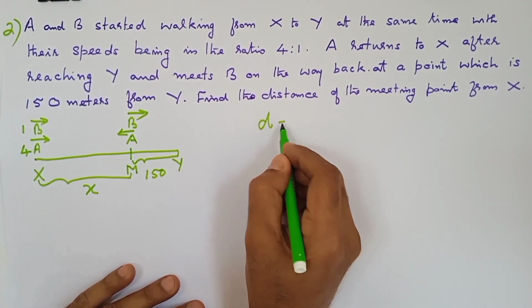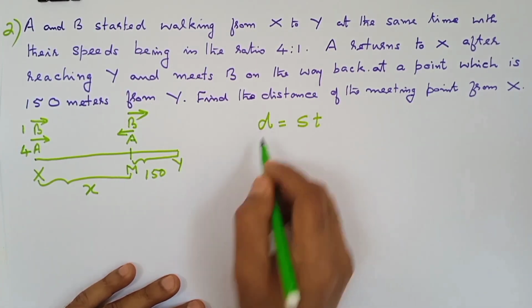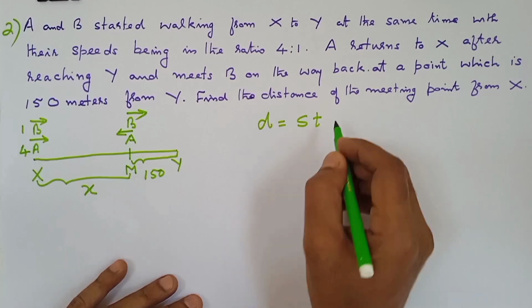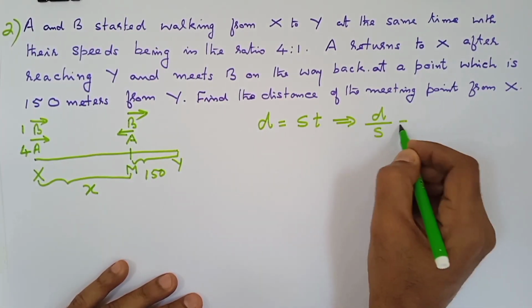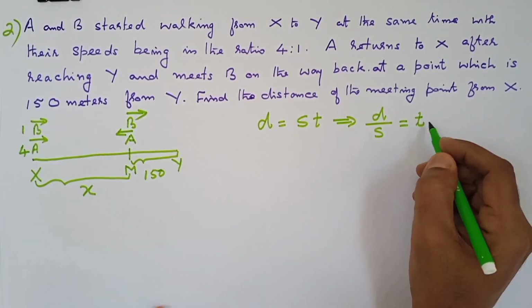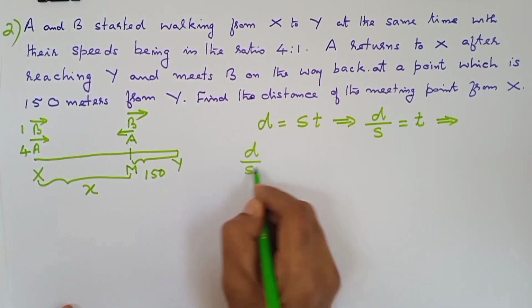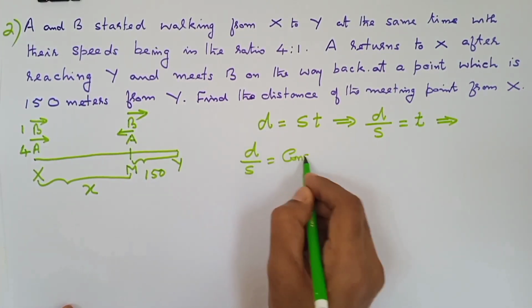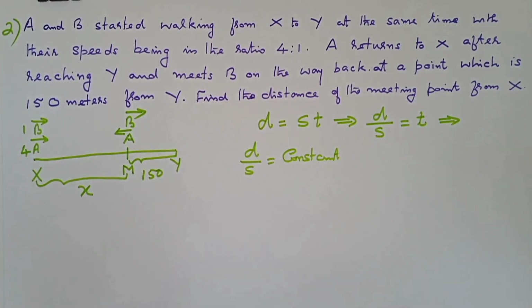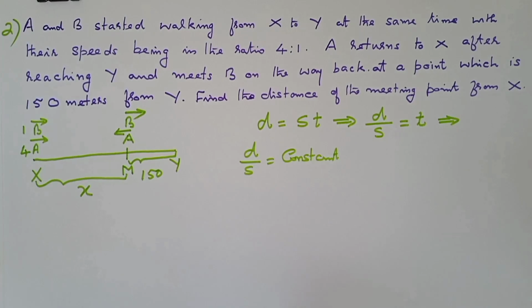We know that D is equal to S into T, where D is the distance, S is speed, and T is time, as you know. Now this implies D by S is equal to T. These are all 3 variables. Let's keep T constant. Then D by S will be a constant. Because there are problems where you will see time being a constant. This is one such problem.